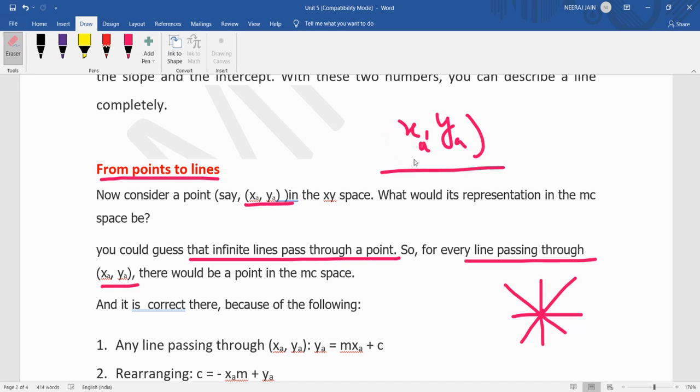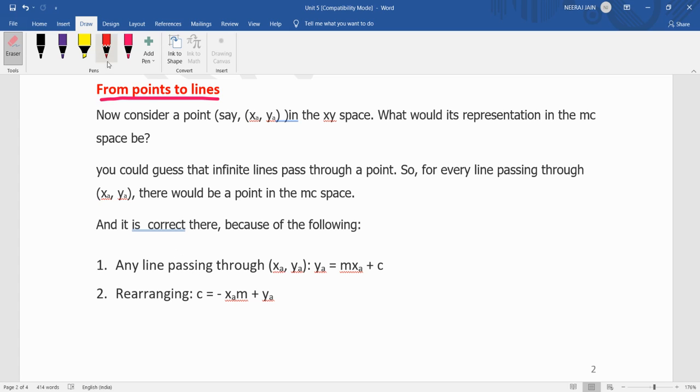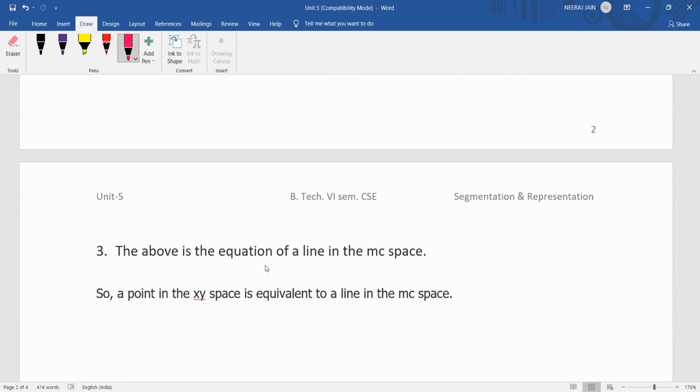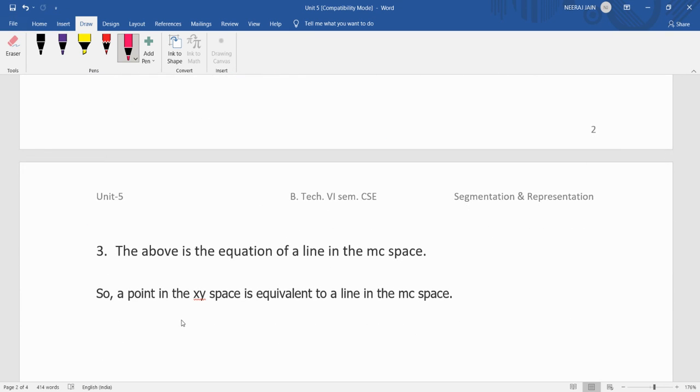All the lines that pass through this point will be part of our MC space. So any line passing through (xa, ya) satisfies ya is equal to m xa plus c. Rearranging this, c is equal to minus xa m plus ya. The above is the equation of a line in the MC space. So a point in the xy space is equivalent to a line in the MC space.